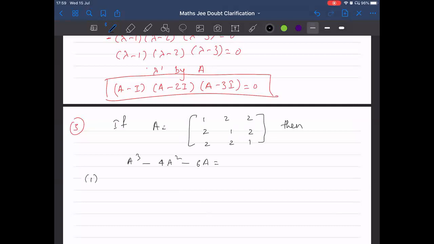Option 1 is 0, option 2 is A, option 3 is minus A, and option 4 is I.